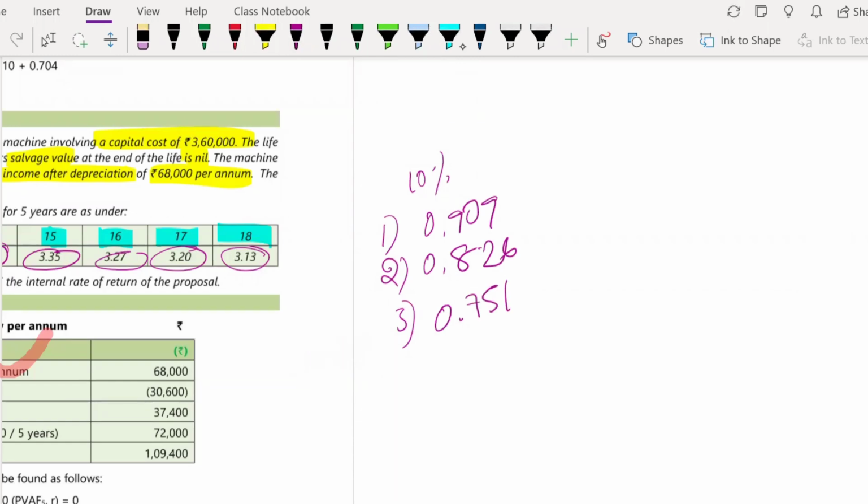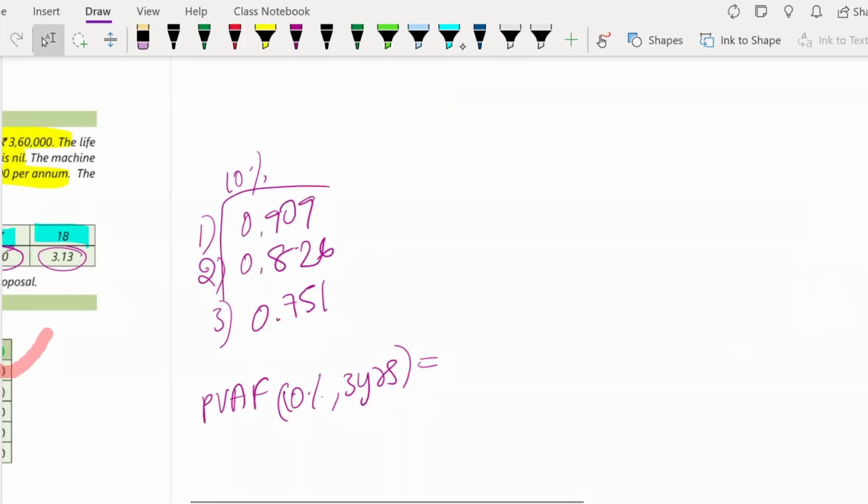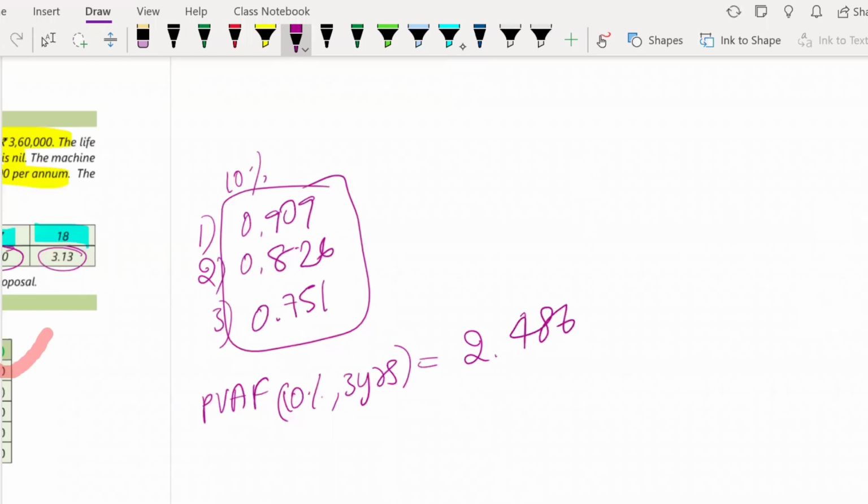Now, what does PVAF mean? PVAF means if you discount at 10% for 3 years, what will be the total of your discounting factors? The total would be 0.909 plus 0.826 plus 0.751, which is 2.486. So this is your PVAF of 10% at 3 years.